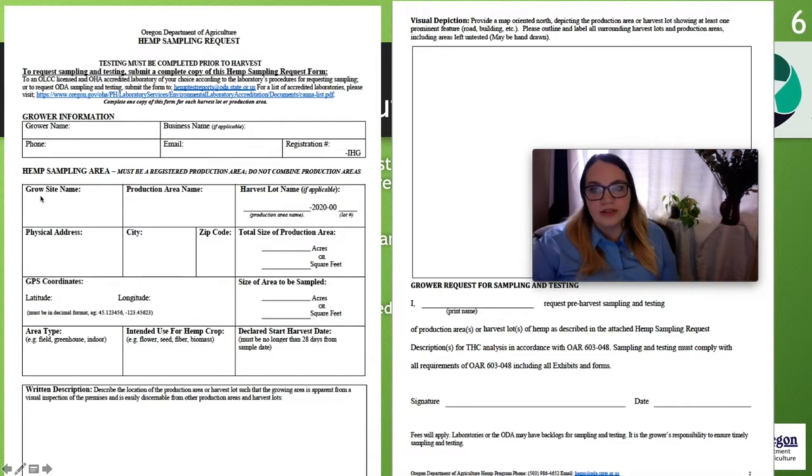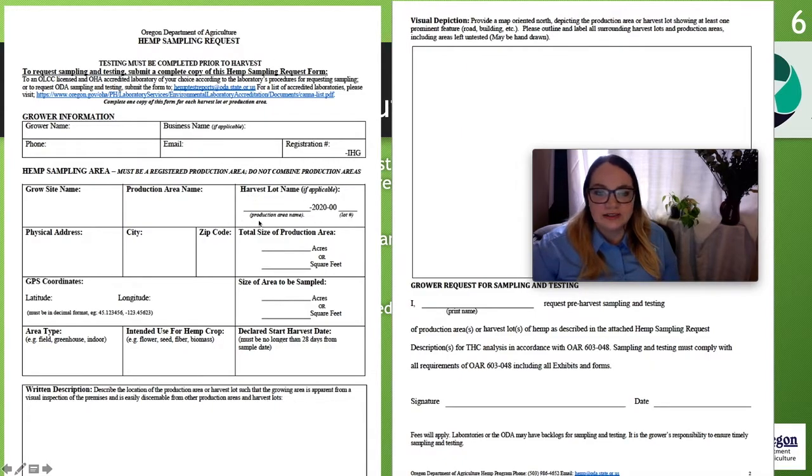The grow site name is what I like to refer to as a farm name or a property name, something like that. The production area is really the area that you're producing hemp on. So this is the area that's going to have a test result associated with it. If the grower decides to break up that production area into different harvest lots for testing, that's when they would use this.